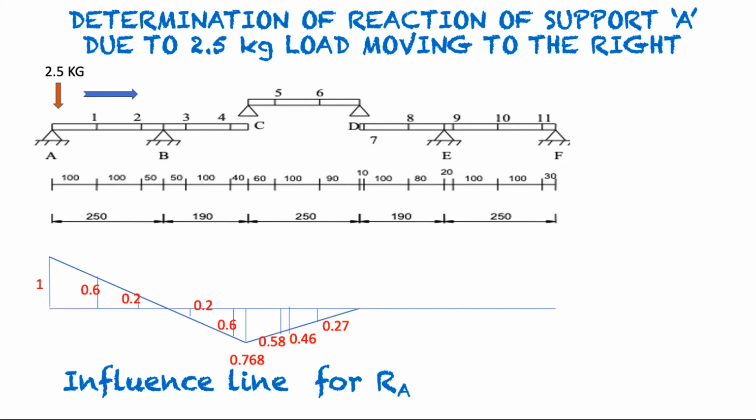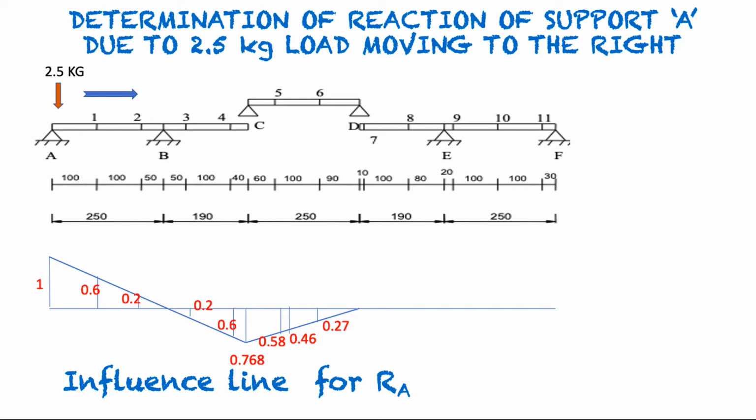So now we have already found the influence line for each reaction of the bridge model, and the next step is to determine the reaction due to moving load by using these influence lines. In the test we have 2 tests.